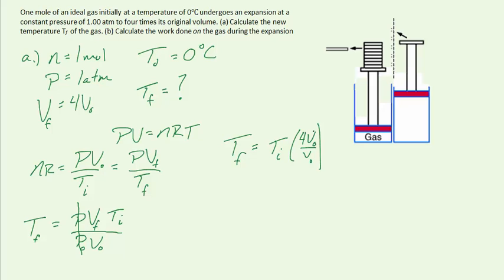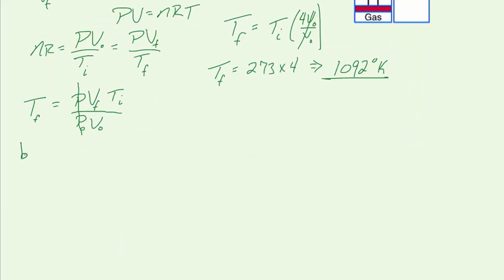We see that our volumes will cancel out and that our initial temperature was 0 degrees Celsius. And after converting it into Kelvin, our initial temperature would be 273 degrees multiplied by 4 will give us a final temperature that is equal to 1092 degrees Kelvin.